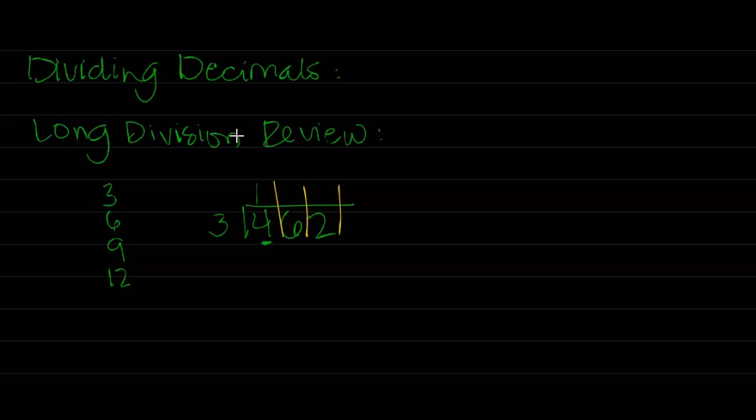So we're just thinking about 4 here. So if we have 4, we can only make one group of 3, and that's what that means. We could put a little multiplication sign and say 3 times 1 is 3. That's what we were able to put into groups. So that would be 1 left over, bring down.